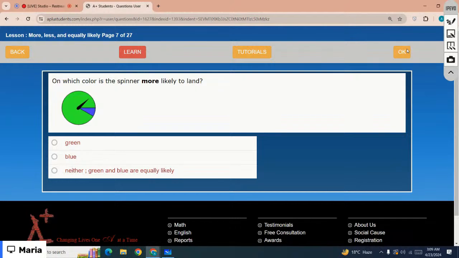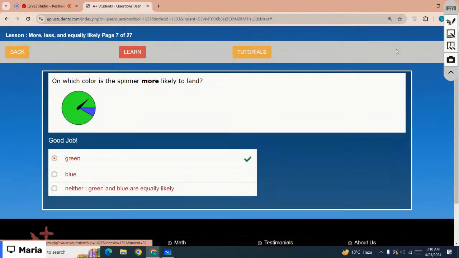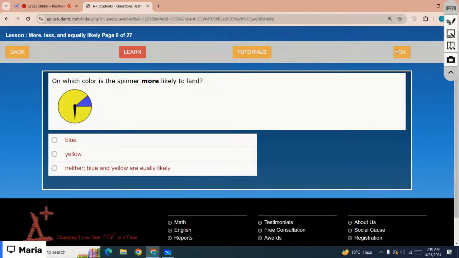On which color is the spinner more likely to land? Yes, green it is, because most of the portion is green. Okay, you can complete the lesson by yourself later today. Let's move on to the next lesson.